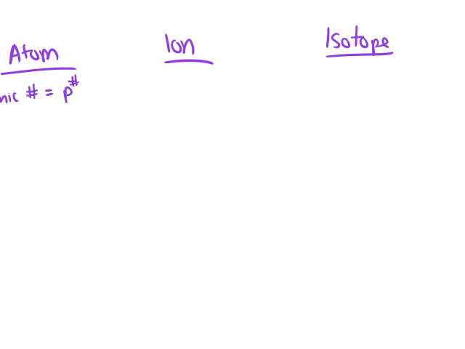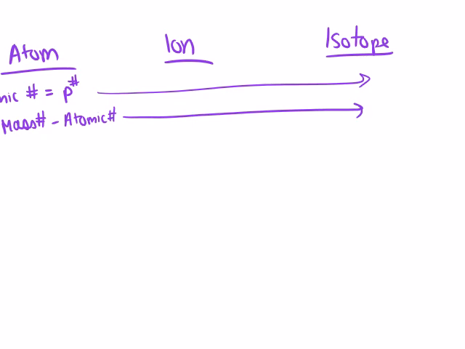So that's true all the way across. We will always have the number of neutrons equal to the mass number minus the atomic number. It's the same all the way across. Isotopes, you might just be given your mass number in a different format.